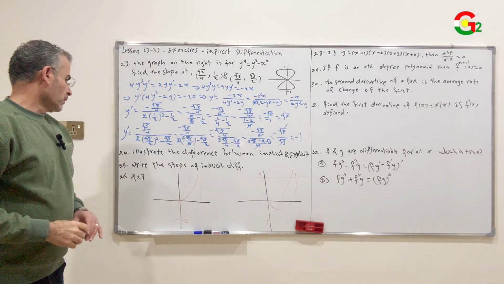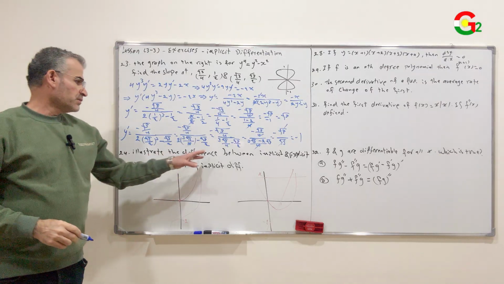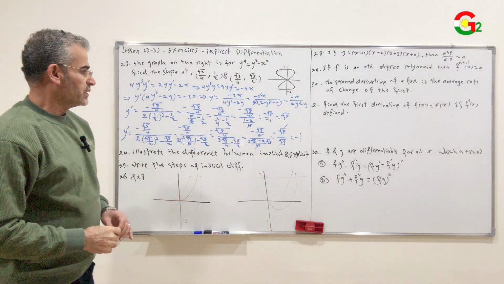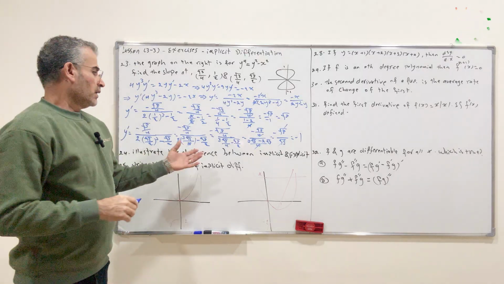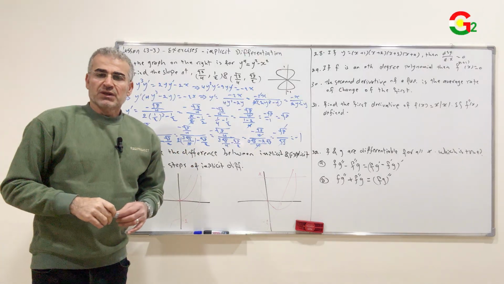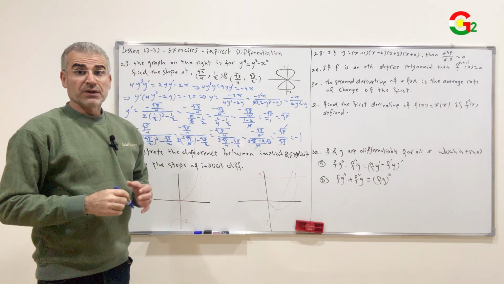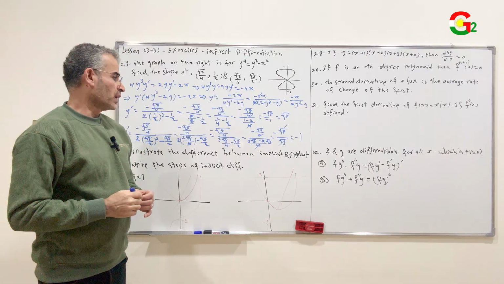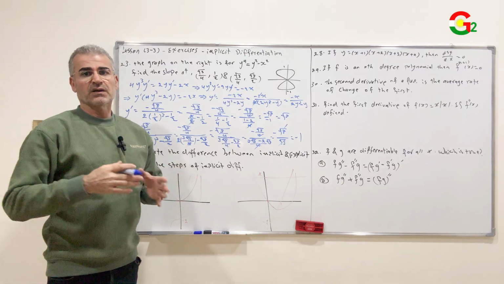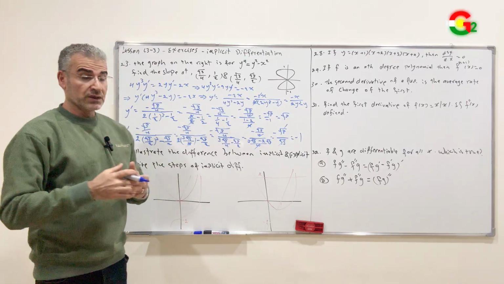Question number 24. Illustrate the difference between implicit and explicit differentiation. We use implicit differentiation when we cannot write y in terms of x, when we cannot set y on one side and the other terms on the other side, or it is not easy.